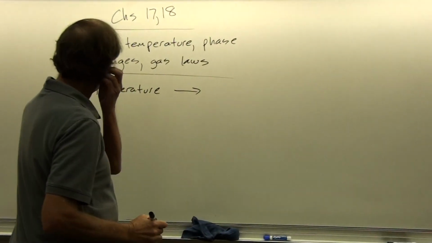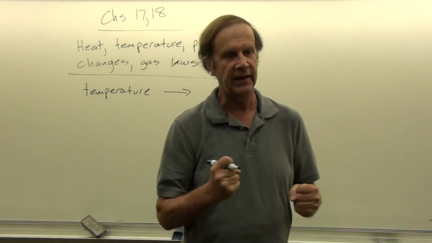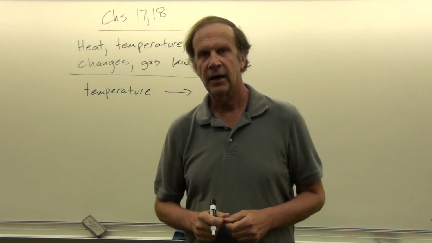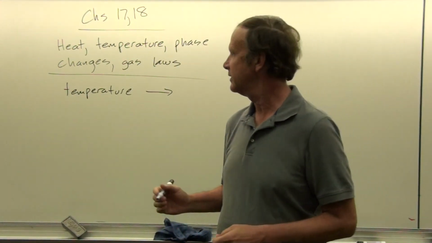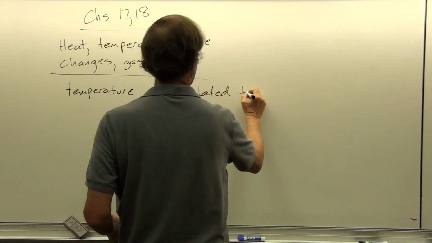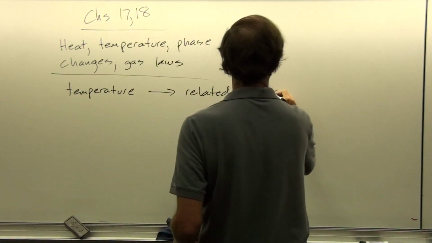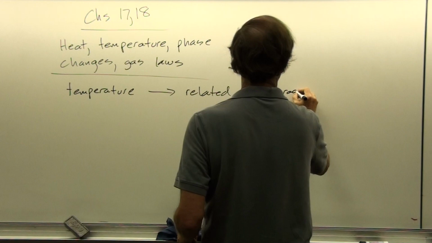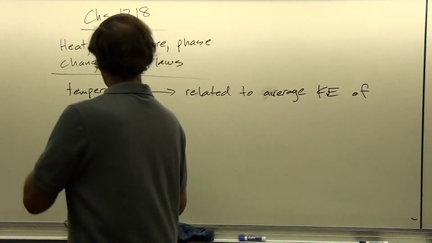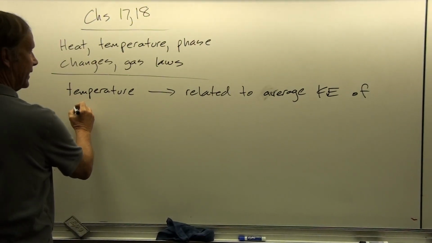And so, put simply, if an object has a certain amount of internal kinetic energy, that is related directly to the temperature. And this is true whether the substance is a solid, liquid, or a gas.